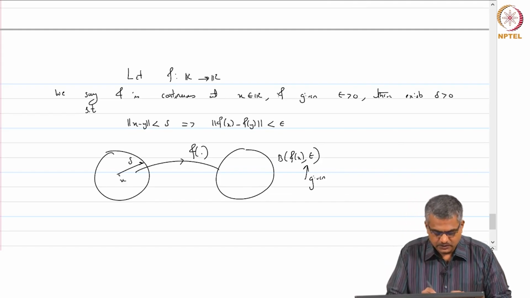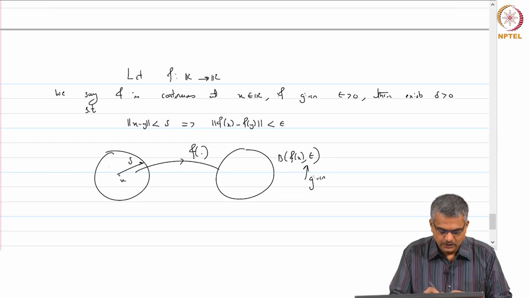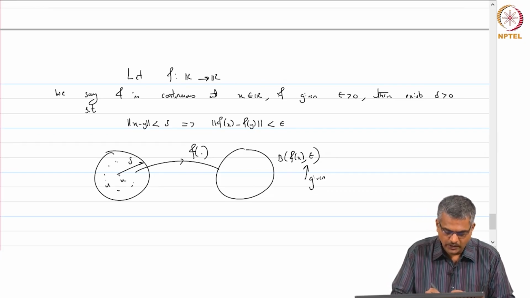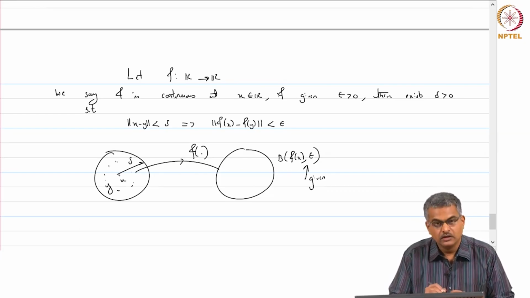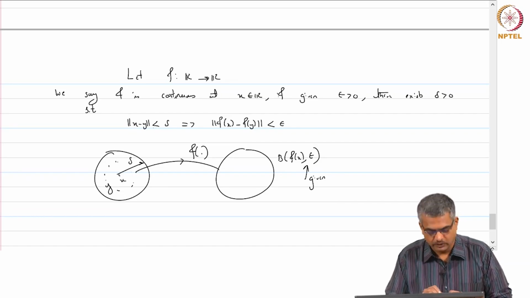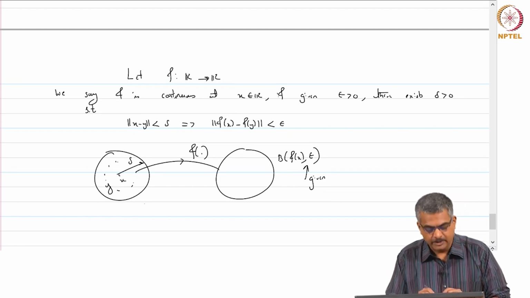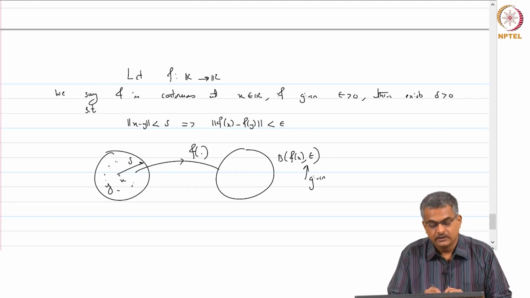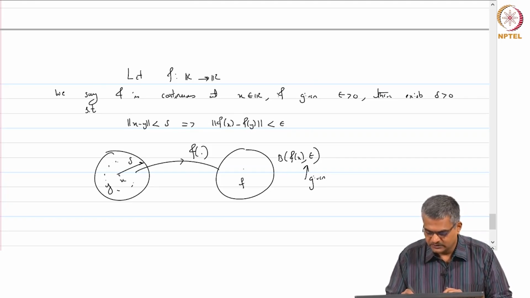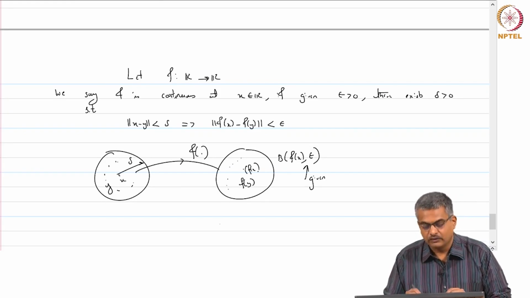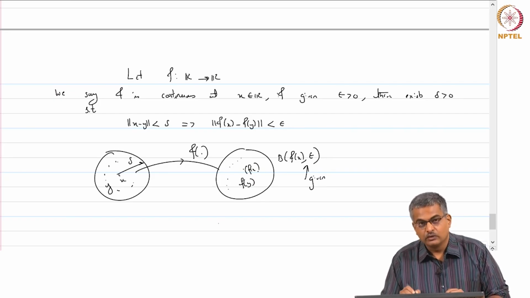you can come up with a delta, a positive number, such that for all y in this open ball, note that this is an open ball because this is a strict inequality. For all y in an open ball with center x and radius delta, the function gets mapped to f of y, and how do they map?